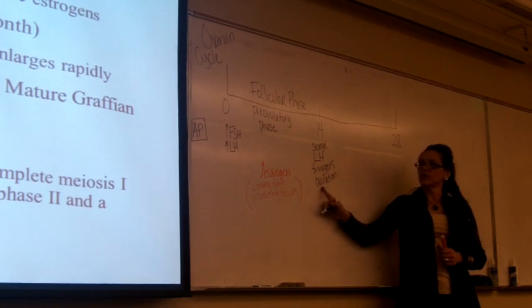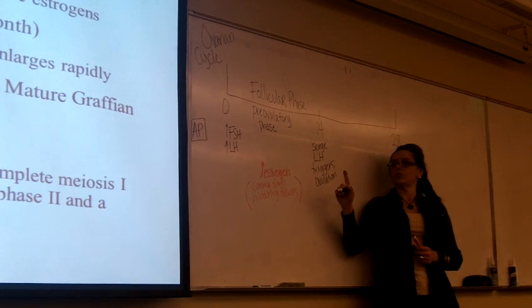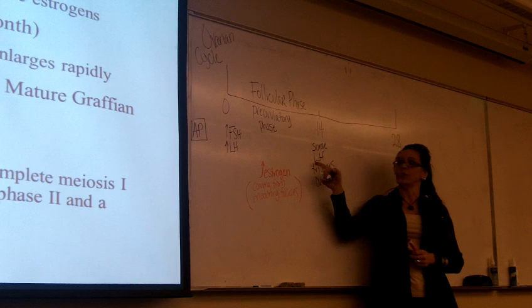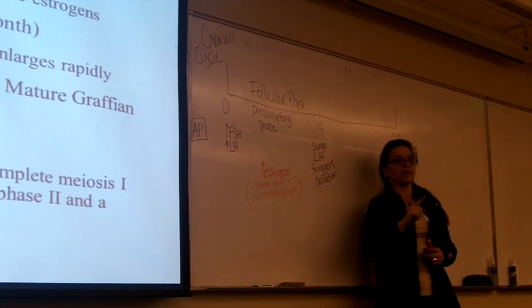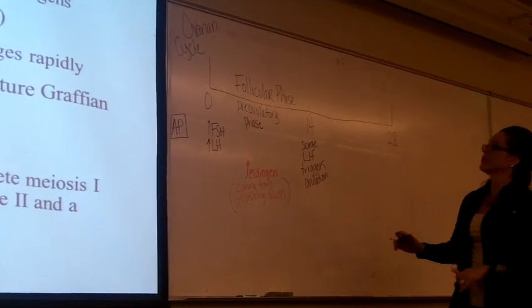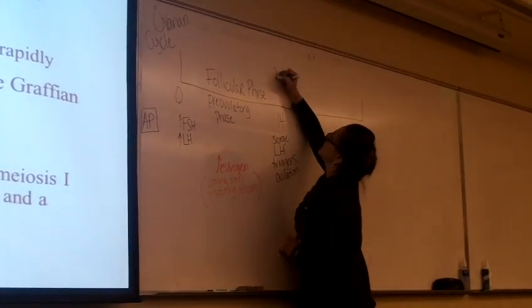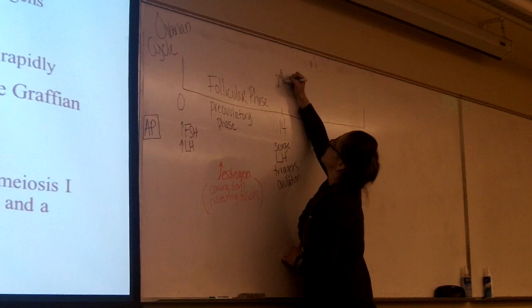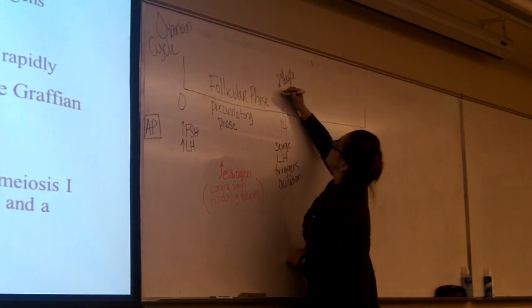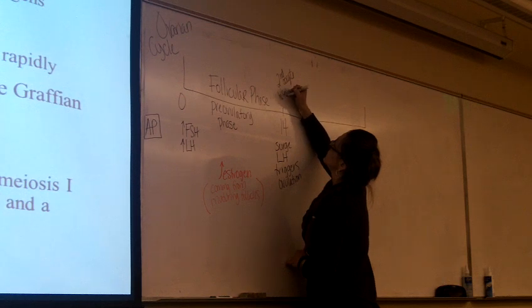So whichever follicle is at the perfect size and maturity on day 14, when we get that surge, that's going to be the follicle that ruptures. And out of that follicle is going to come a secondary oocyte, halted at metaphase 2.